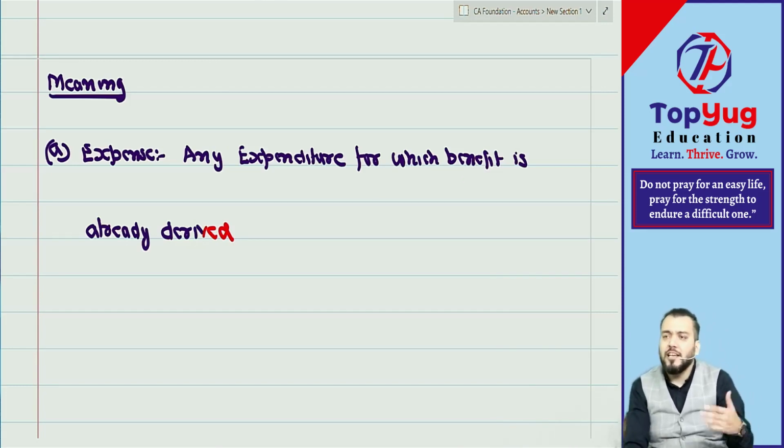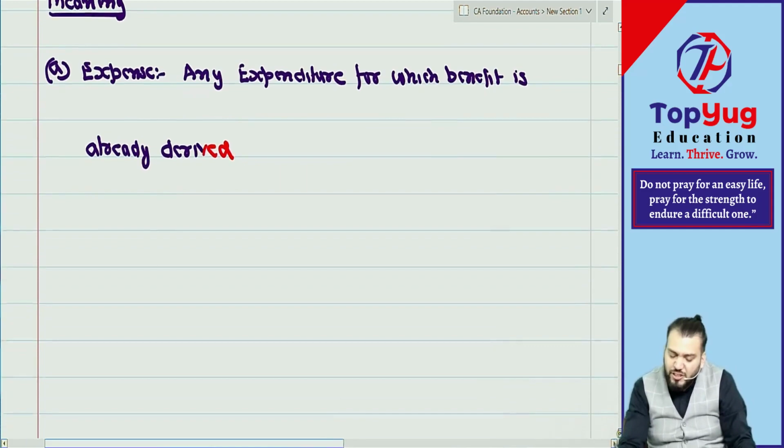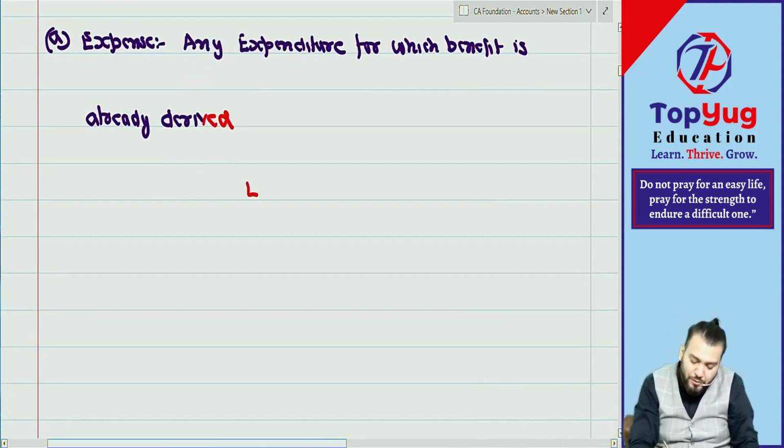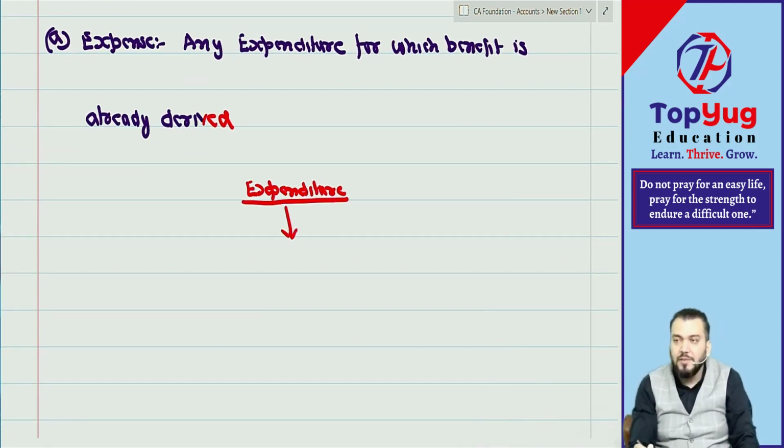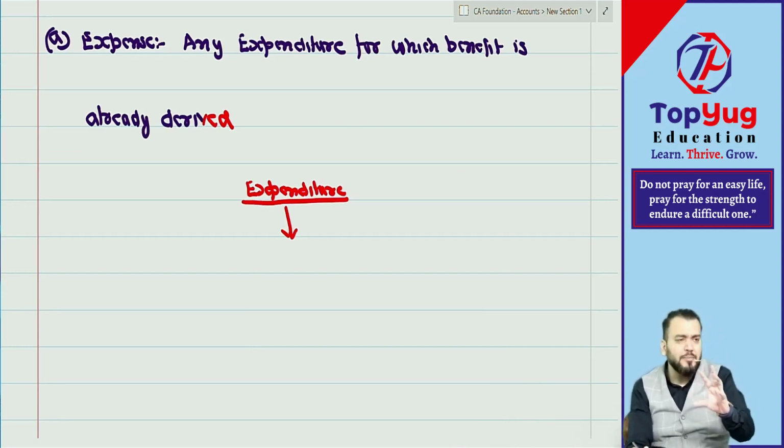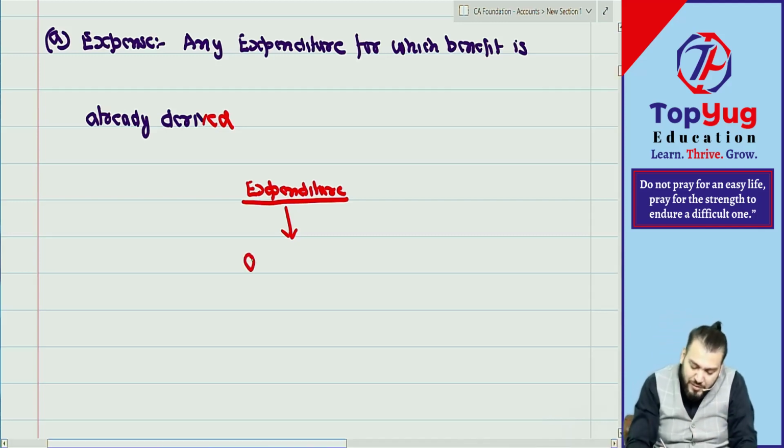Now when I am saying expenditure, let us understand what I want to say. What comes in your mind? If I am saying expenditure, it means outflow of cash, means you are paying something. In your mind there is some outflow, there is no inflow now.